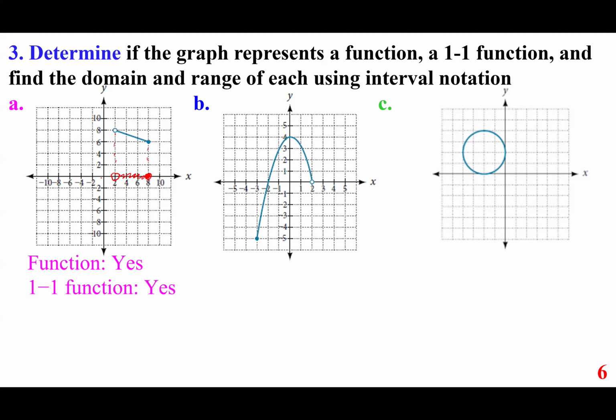That takes us from 2 to 8. 2 is not included, 8 is included. The range goes from here to here, from 6 to 8. 6 is included, 8 is not.